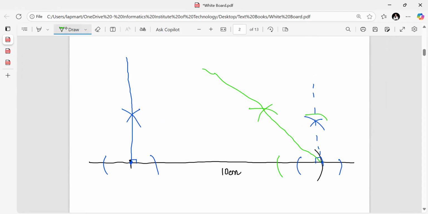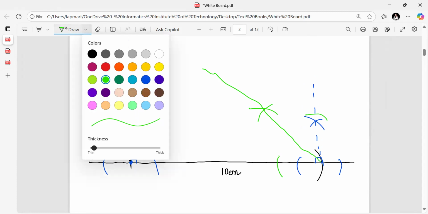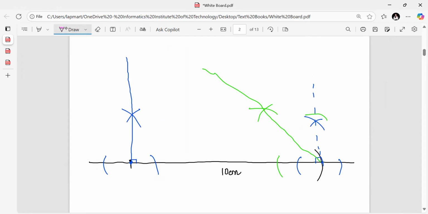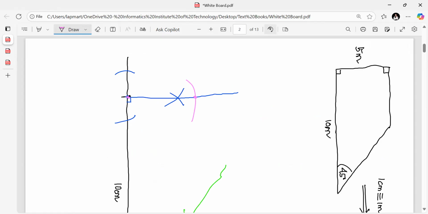And then I take a different color and mark 5 centimeters from here, and I mark it like this. Okay. So this is my point. From that point, right? So you rotate your paper, wait, I will rotate and show you.